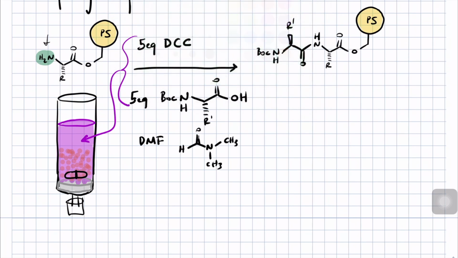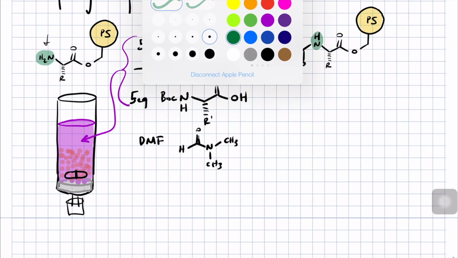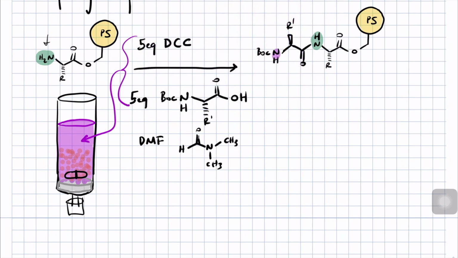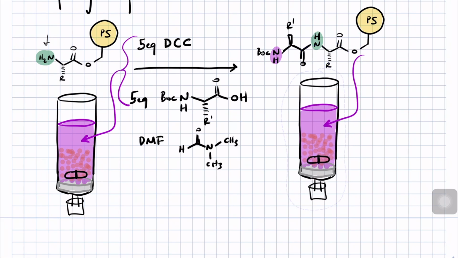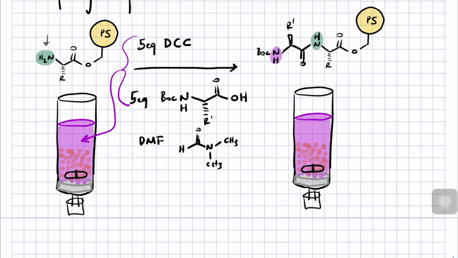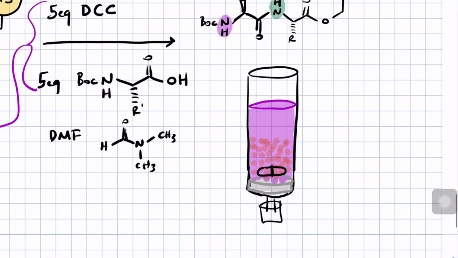So now your green nitrogen's tied up in an amide bond, and your purple nitrogen is Boc protected, and presumably still in your reaction vessel in solution, you still have 4 equivalents of the amino acid and DCC left behind.